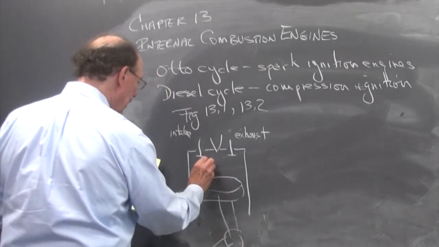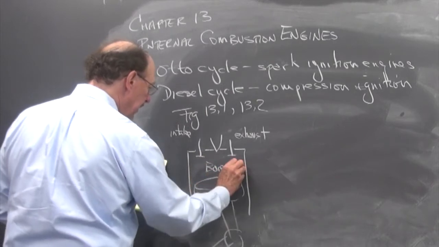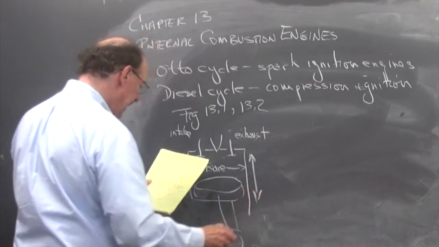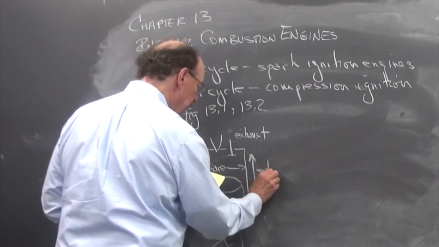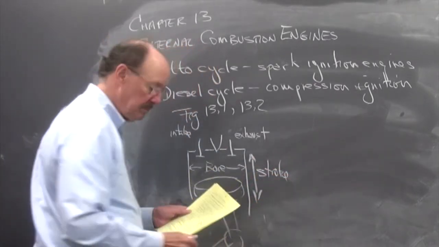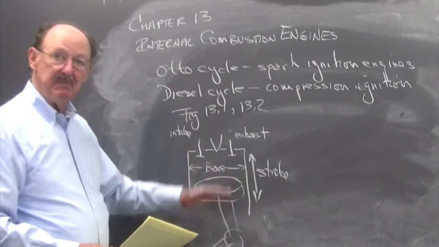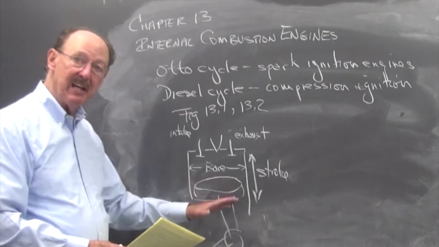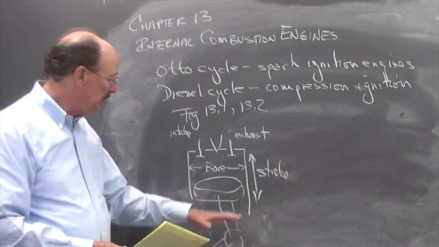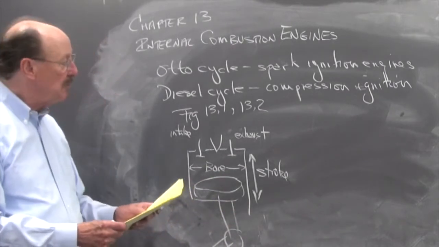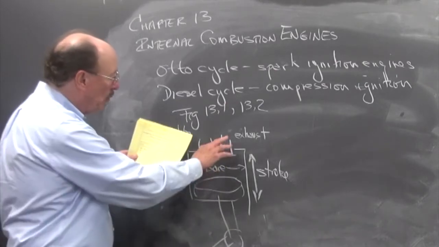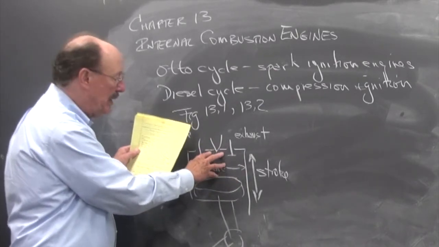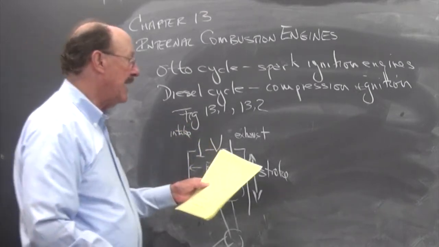And this is the bore, the diameter, and it's going to operate up and down, and we call this the stroke. So basically the piston moves up and down, and through mechanisms it turns the crankshaft that goes eventually to the wheels and the car goes. And so what we want to do is model what happens to the substance in here creating the power. So let's look at that.